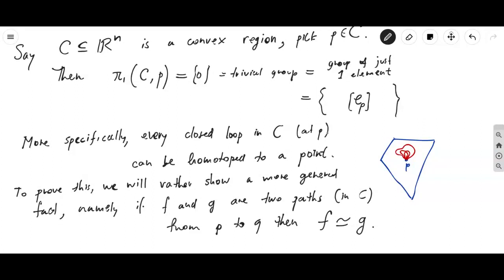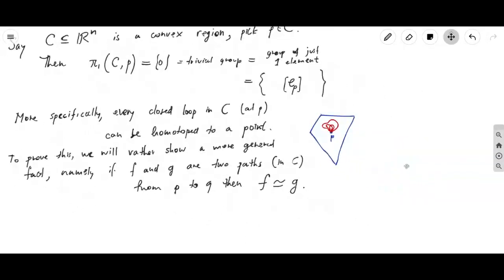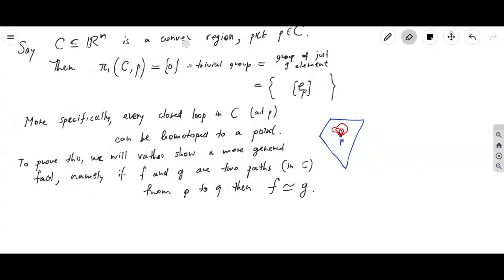And in particular, if it's true for all paths, it is certainly true for closed paths, because that's a specialized case. The proof of this is actually very simple. You're going to use the fact that it's convex. So here's the proof.